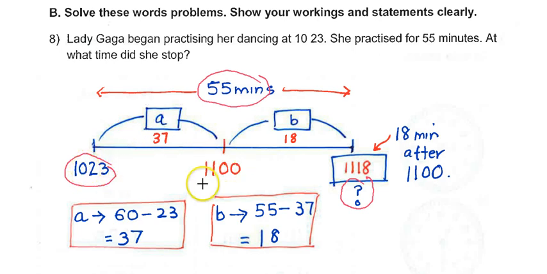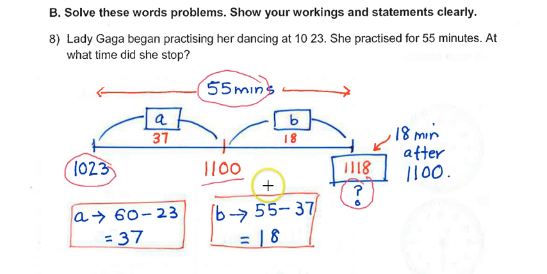The next o'clock is 1100 hours. How do you find this 37? You take the o'clock, 60 minutes, minus 23. 60 minus 23, you get 37, which is this. So A is 37. From here to here is 37.